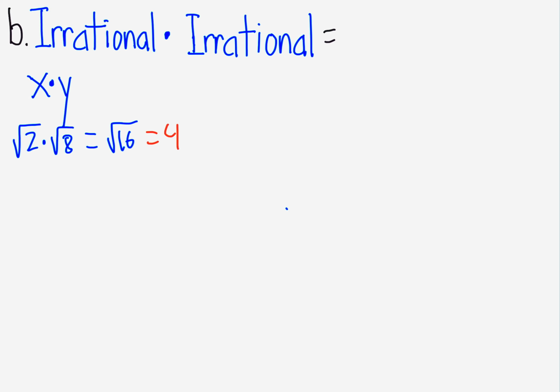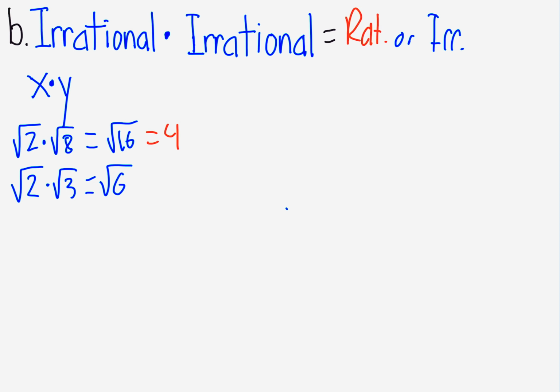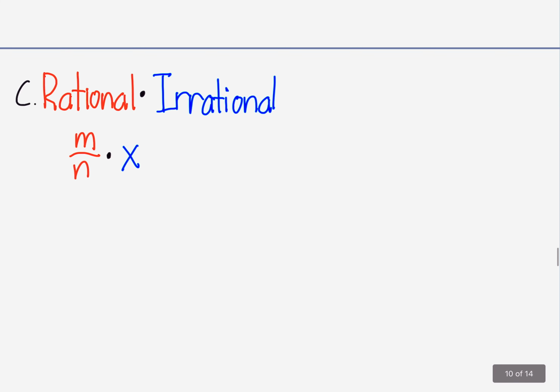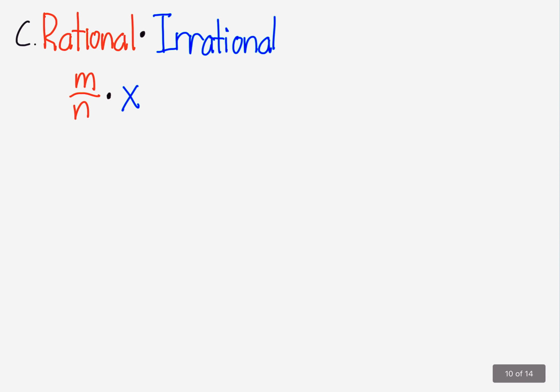But now let's say that x is the square root of 2 and y is the square root of 3. Over here, we would get the square root of 6. And the square root of 6 is irrational. And so we can say that when you multiply two irrational numbers together, we can get either a rational product or an irrational product.